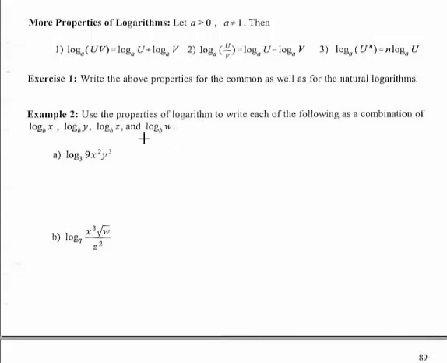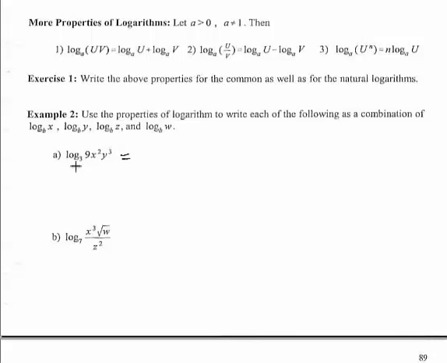And so we want to break up the factors into separate log functions. And in each case, for each log expression that we break the original one up into, we want to keep using the same base, b.